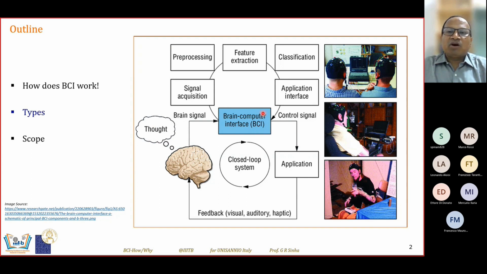BCI is not a simple block. BCI includes a number of things: you acquire the signal, look at the diagram, and then after acquiring the signal, you send it to pre-processing. In next lectures, we will discuss what types of pre-processing are needed and why pre-processing is needed.